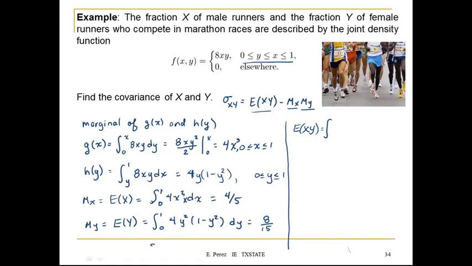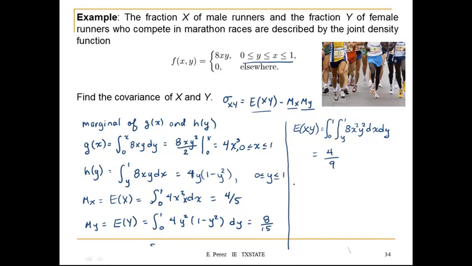This is the double integral from 0 to 1, from y to 1, of 8x squared y squared dx dy. If you solve that integration, you'll get 4 over 9.